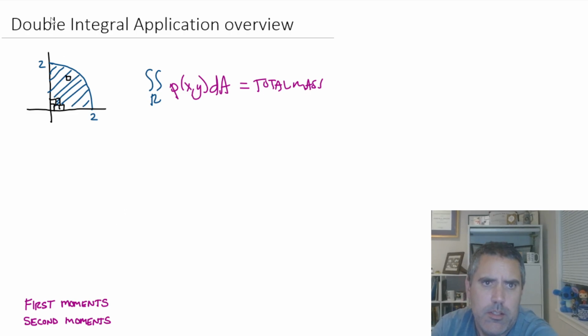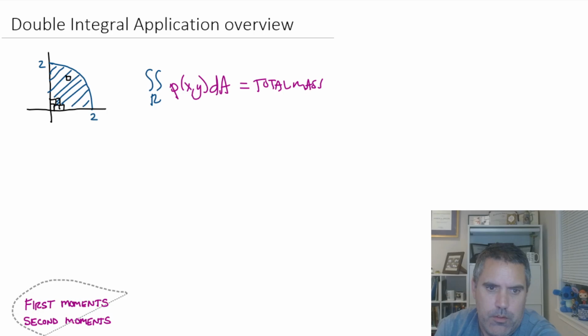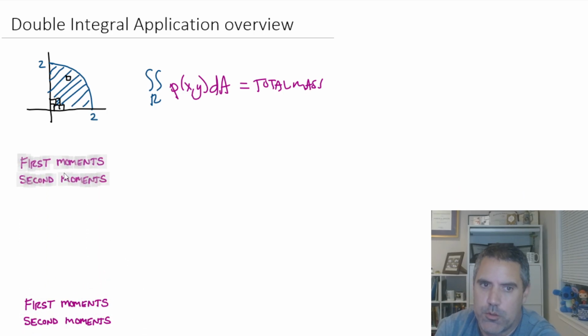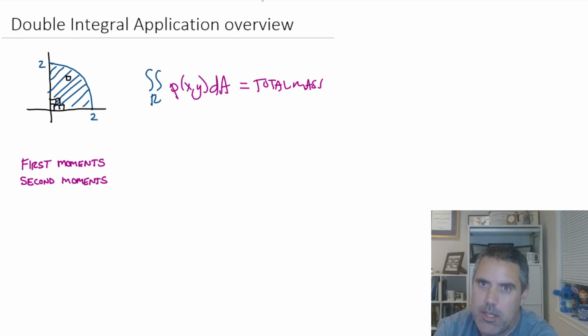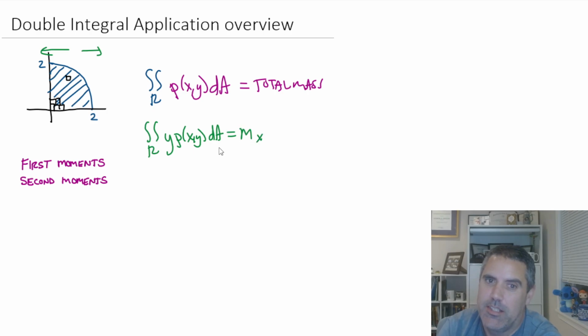Putting it all together, in physics there are these things called first moments and second moments that measure how the mass is distributed, how likely the thing is to rotate, all this stuff. The first moments are these: y times f of x, y. This is actually called a moment about the x-axis. It's a physics terminology thing, so blame them.